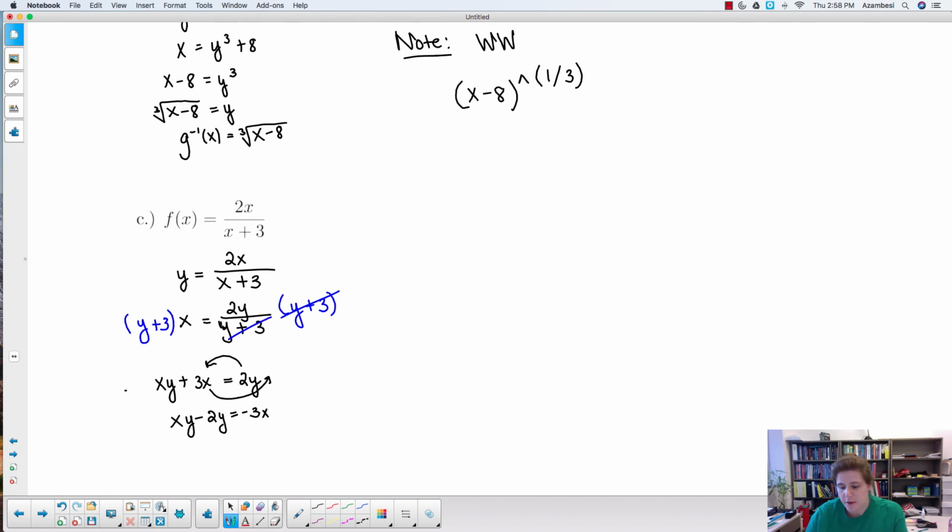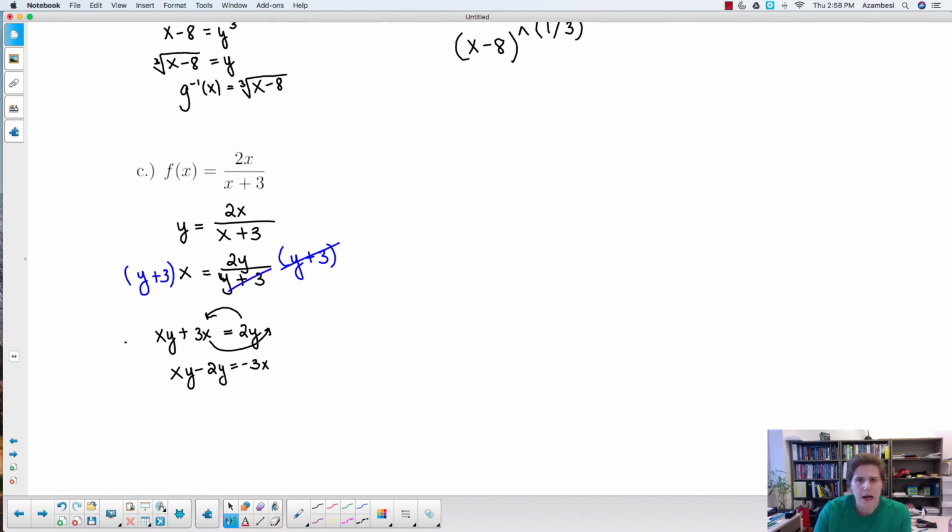Now finishing the solution, if I have y in both components and I need a single y, I'm going to factor it out. So y times x minus 2 is equal to negative 3x, and y would equal negative 3x over x minus 2, which is our inverse function.